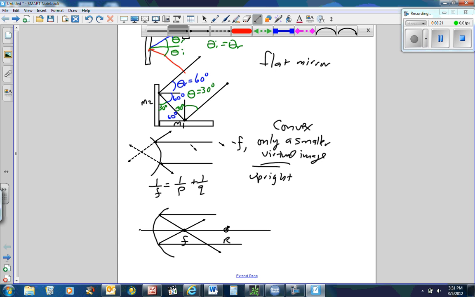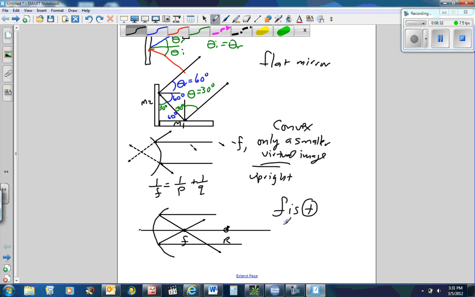Now, this F is positive, and it can have a larger virtual image, or smaller, larger, same size real images.